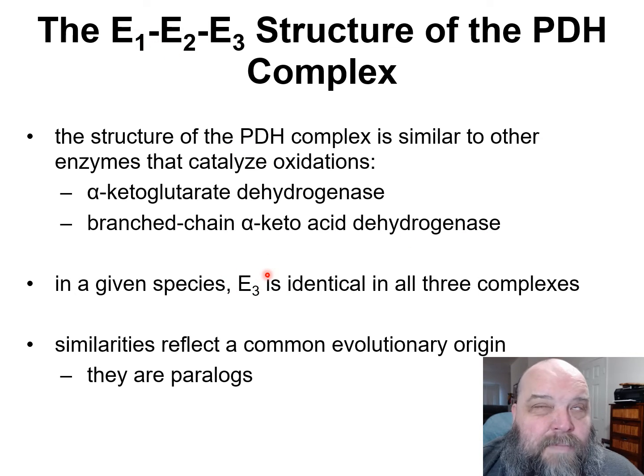Enzymes 1 and 2 may have some variability. Enzyme 3 is nearly identical in all of these complexes. So they're looking at this as that all of these clusters and all these proteins and whatnot are paralogs of each other. Means that way, way back, a common ancestor had gene duplication occur. It happens.